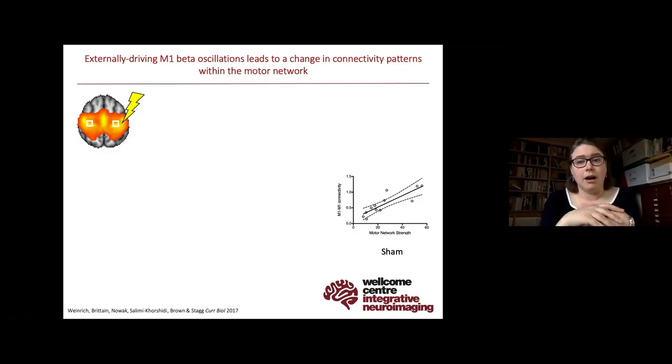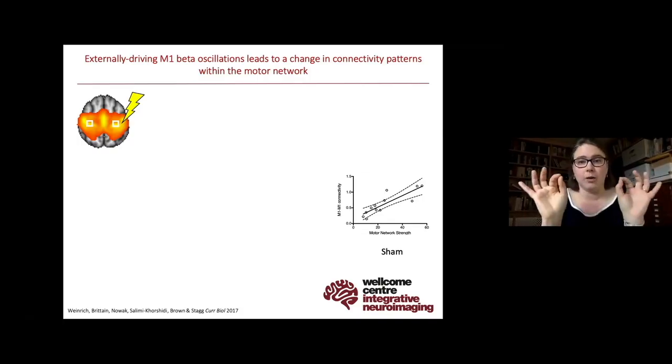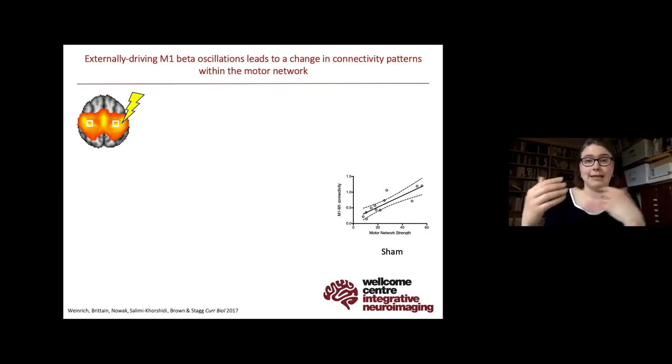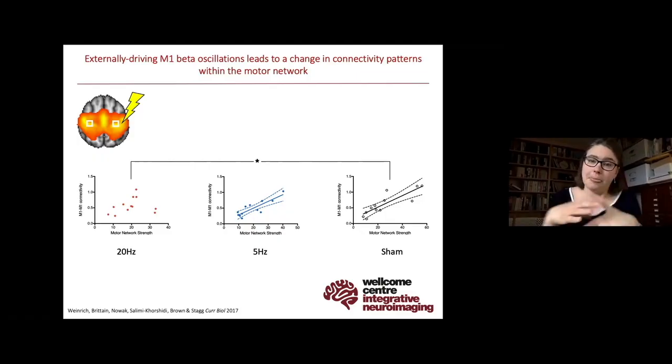Previously, our group and others have shown, however, that there is a significant relationship, as you might imagine, between overall connectivity in the motor network and connectivity between the 2 major network nodes. And again, here in sham stimulation, we replicated that relationship. We maintained that relationship with 5 Hertz stimulation, but it disappeared with 20 Hertz stimulation.